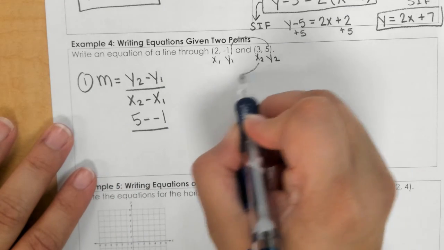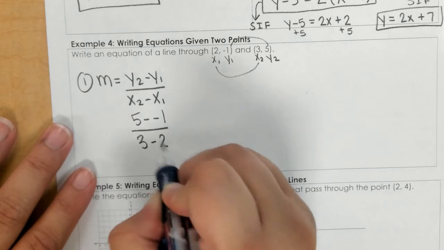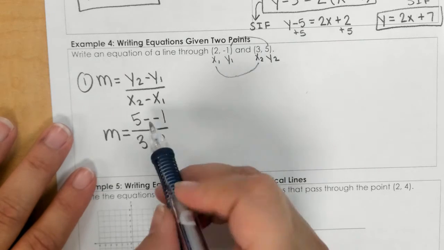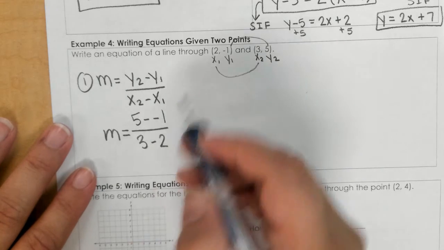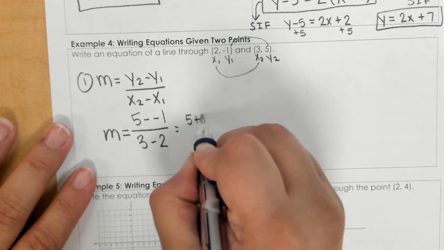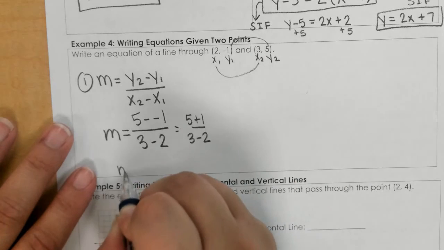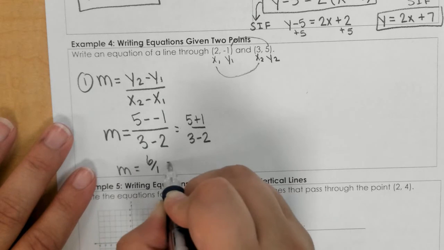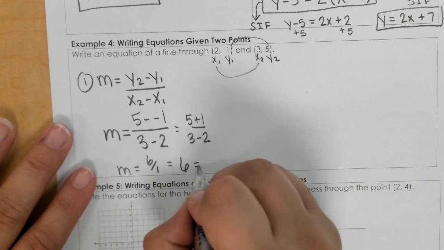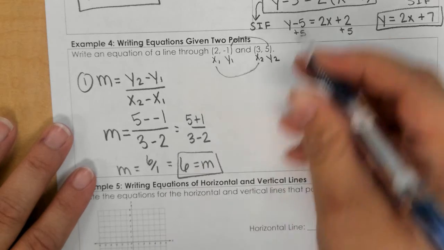And then for x it's 3 minus 2. So here we have a plus, and here we're just going to keep a subtraction. So this would be 6 over 1, which is a 6. So that's my slope. m is 6.